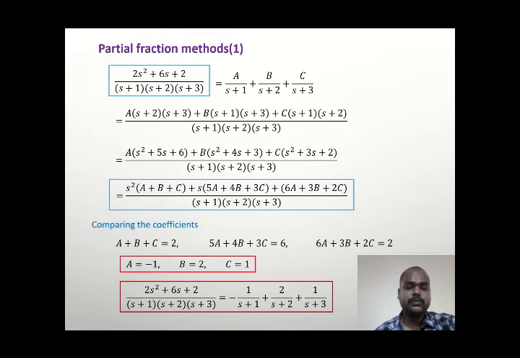When you solve this, you obtain a = -1, b = 2, and c = 1. Using this partial fraction method, we have successfully separated our terms, which is -1/(s+1) + 2/(s+2) + 1/(s+3).